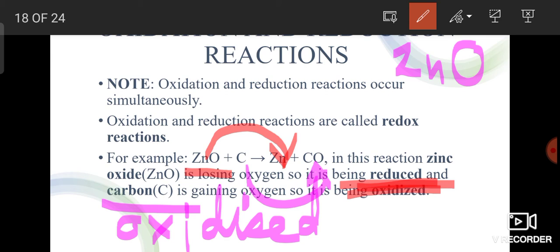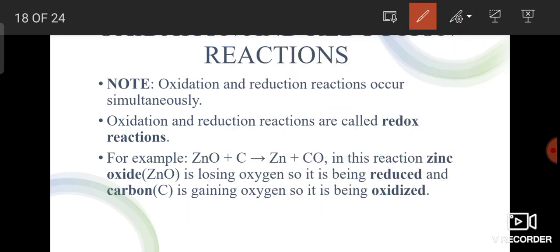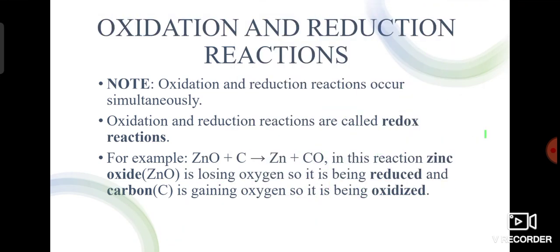And obviously if zinc oxide is the oxidizing agent, then the other reactant which is carbon will be the reducing agent. So carbon is your reducing agent. Okay? This is all about this reaction. Let's move ahead. Have a look at the next example.